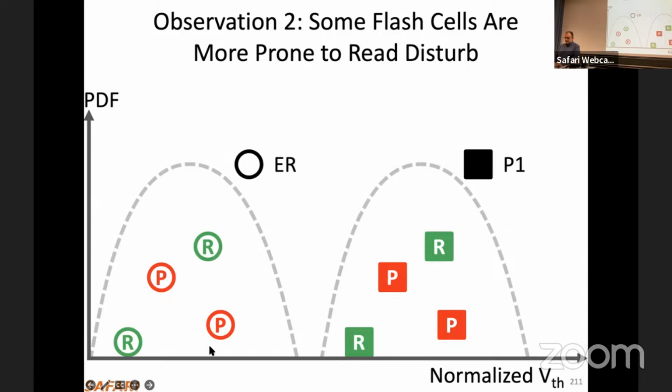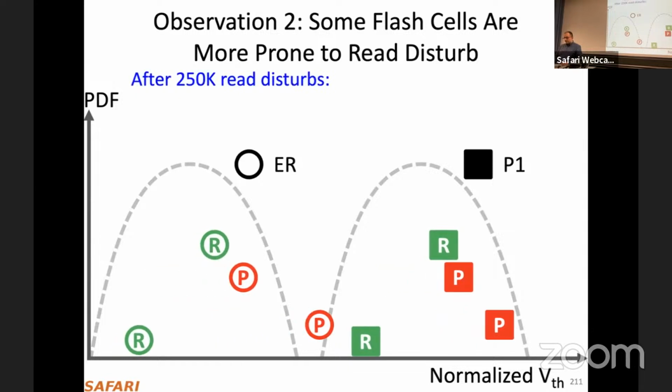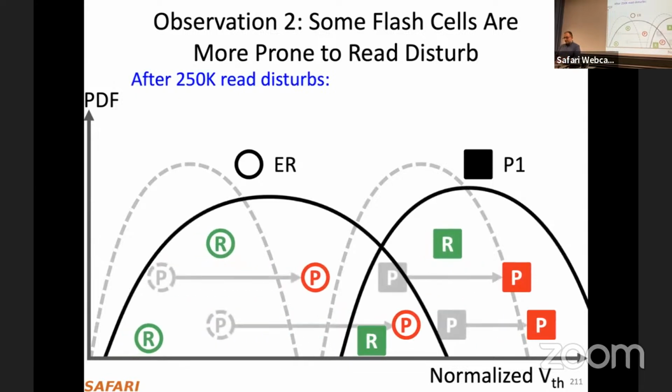You can see that in each state that we have, like the erase state, there can be some cells that are resistant and some cells that are prone to disturb. And also the same thing for the program state. Once you apply these read disturb errors, things will just shift to the right, but not every cell shifts similarly.